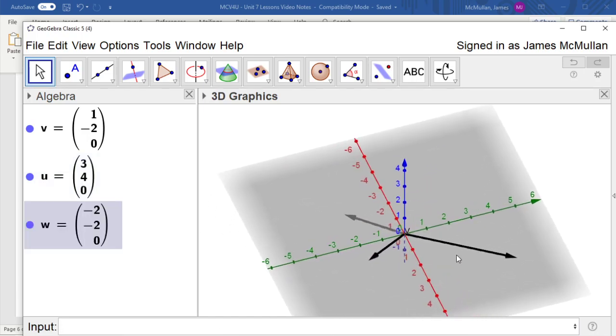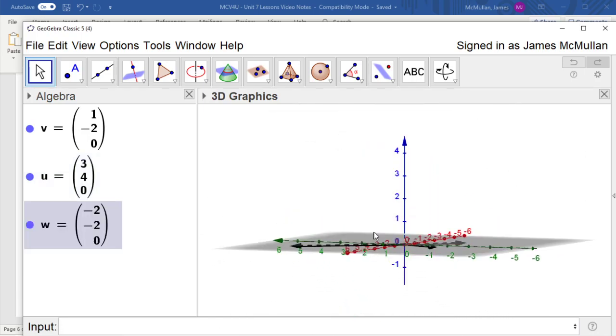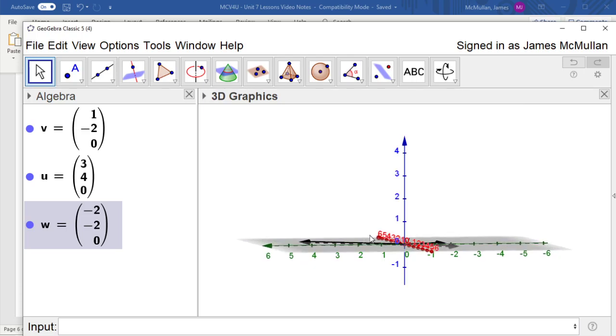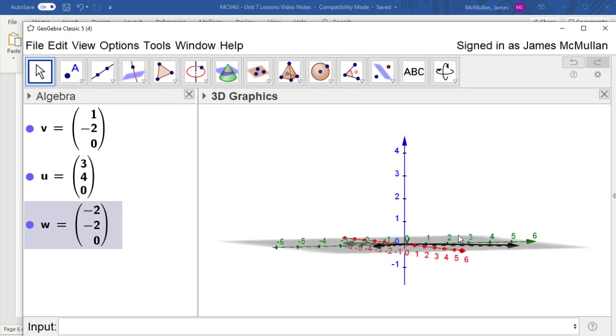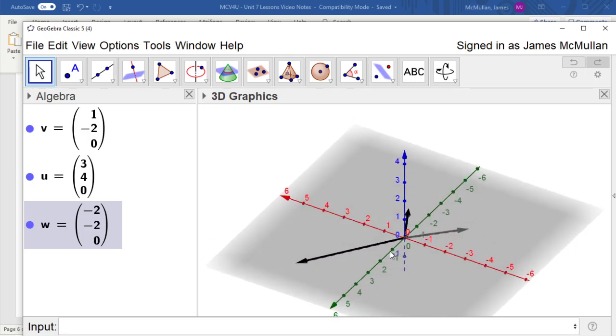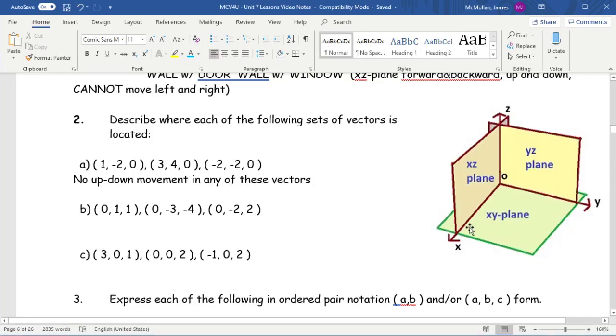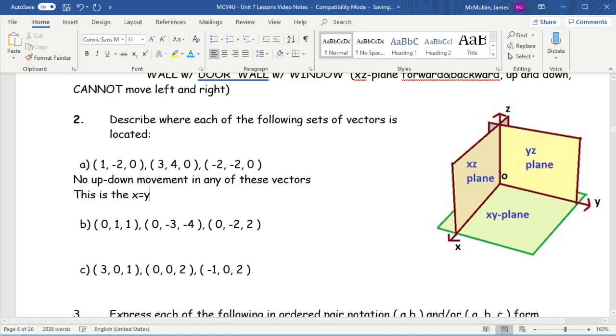Okay, now look at where those 3 vectors are. They are all on the floor, if you picture this as the floor, right? None of them move up or down in any way. They're all on the floor, and the floor, we said, is the xy plane. This is the xy plane because there is no z movement.